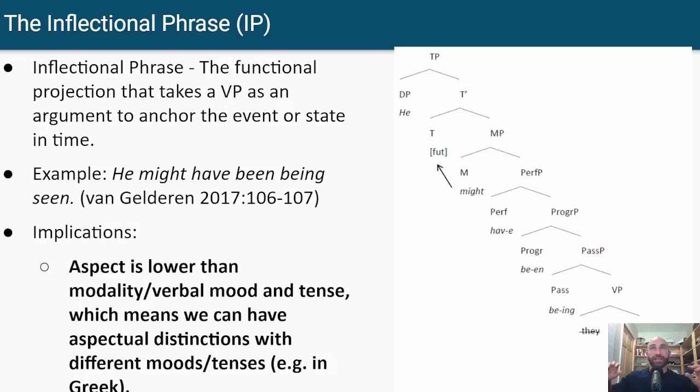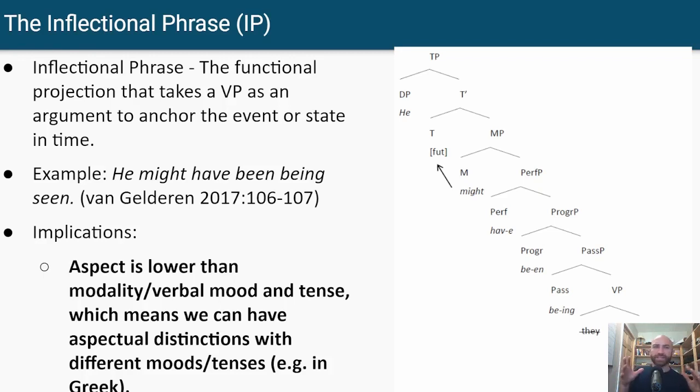So the idea here is that if I have a verb and I combine it with aspect, then I can then combine it with tense if I want to. I can combine it with a different mood if I want to, like subjunctive mood. The infinitive, right? I can combine it with the indicative and a tense, but that verb already has its aspect with it, right? And even the participle, we can see aspect within the participle as well.